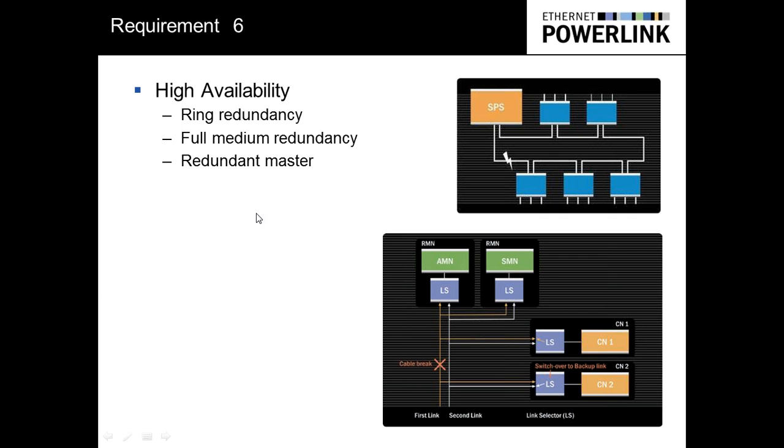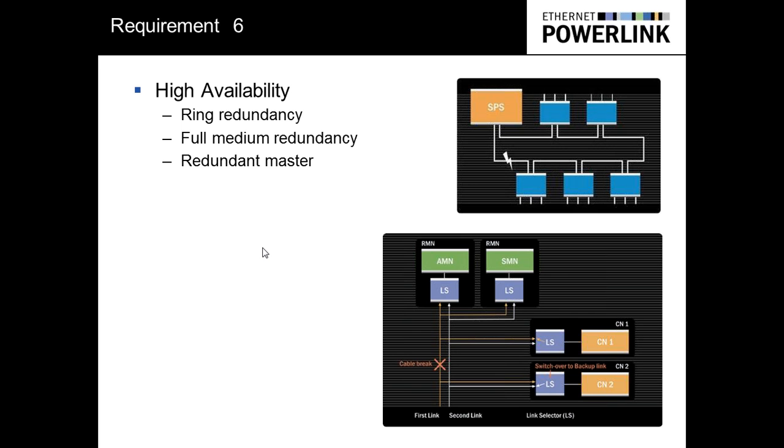Lastly, I have something called redundant master. Well, the way I've described the POWERLINK protocol so far, the master is responsible for the timing and the communication. So if your master goes down, you have no network. So we can have redundant masters sitting on the network, and they're basically waiting to see what the main master is doing. If they notice that the master goes down, there's a protocol that they follow.